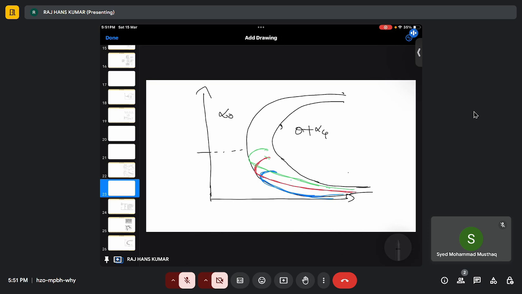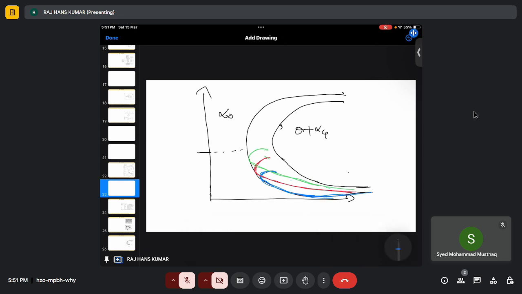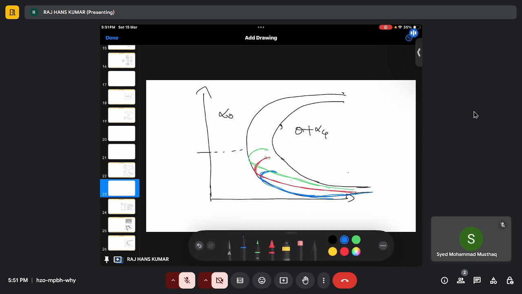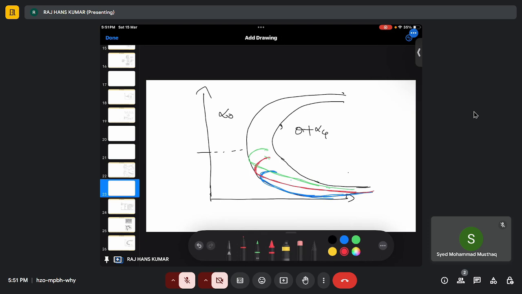Right. So what does that mean? What do these things mean? So let me extend my blue line. This is my blue line, GP zones. Then I have theta double prime. I will come here, and the green one will extend.